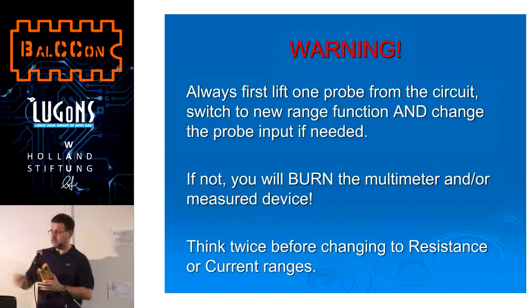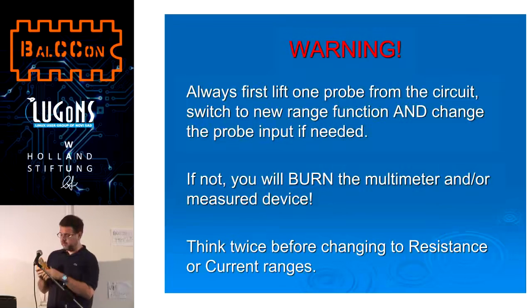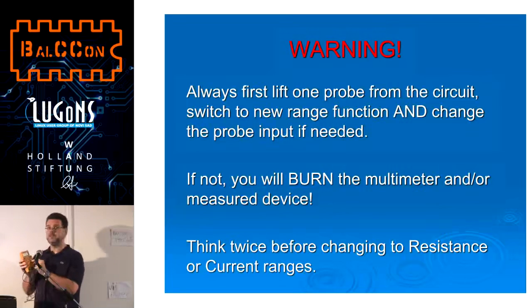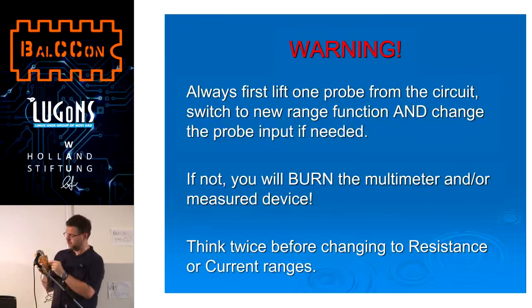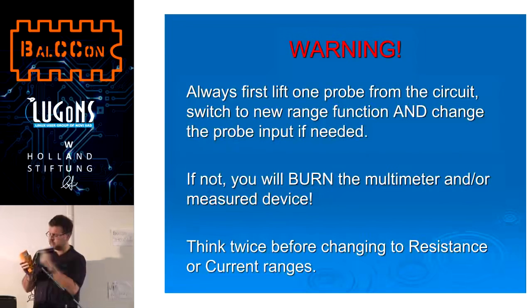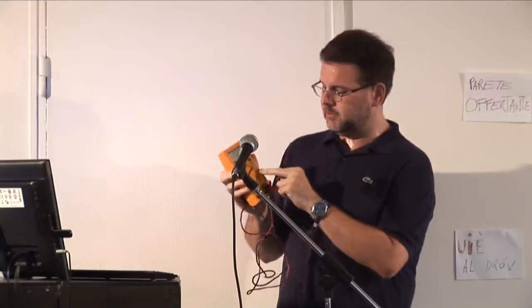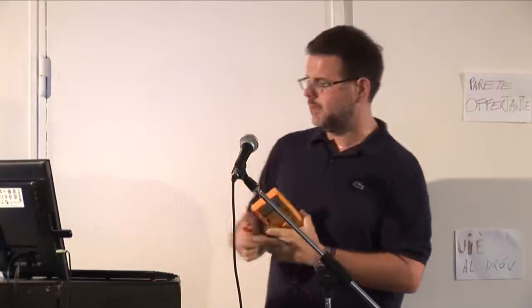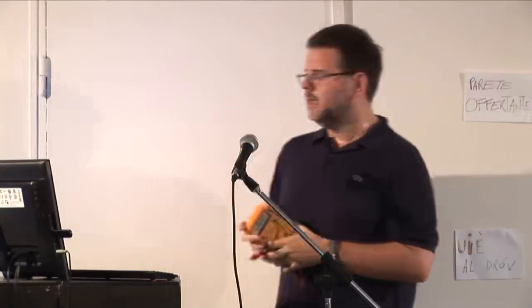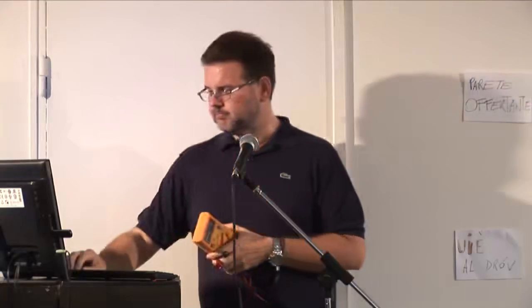So always lift one probe when you change functions. You can change voltage ranges during the measurement, so from 1000 to 200 to 20, but you can't change from voltage to current to resistance, etc. So you have to think about what you're doing, not go too fast.